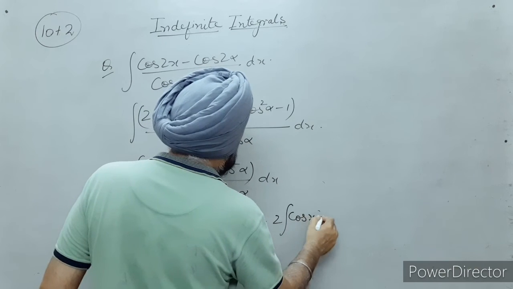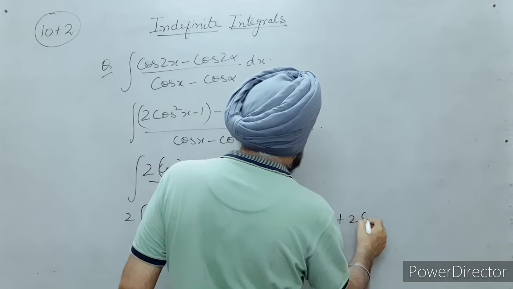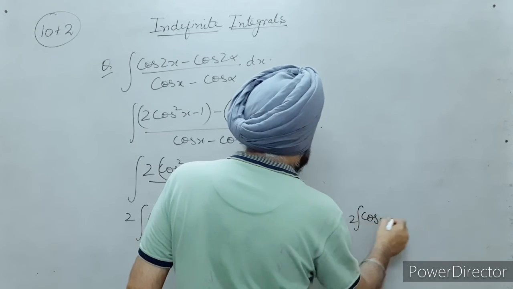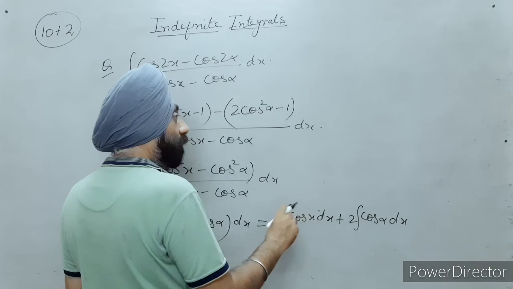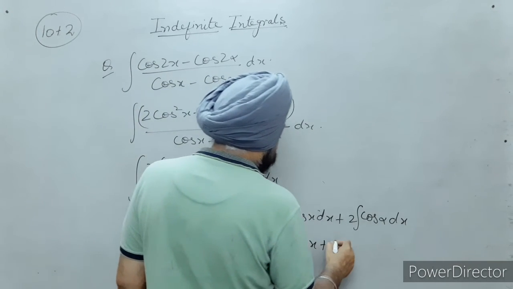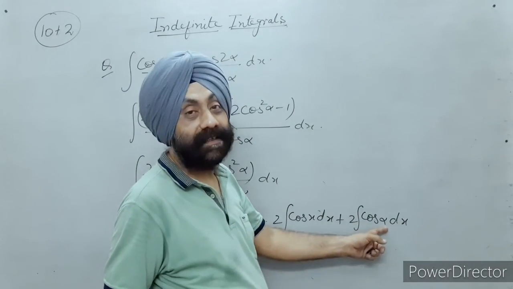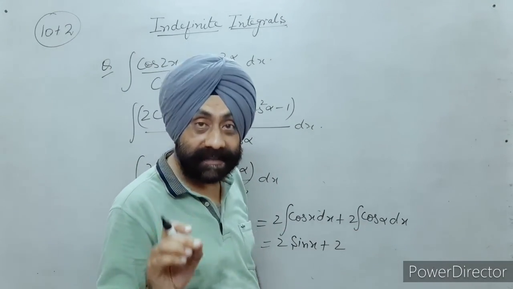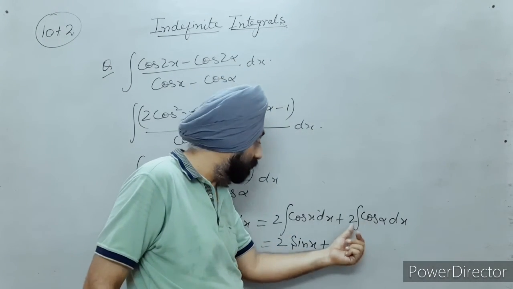Most common mistake which the students will make here is this. 2 integral of cos x, it's sin x, plus 2, everybody will say, sir, it's sin alpha. No, it's not sin alpha, because cos alpha is a constant, just like 2.